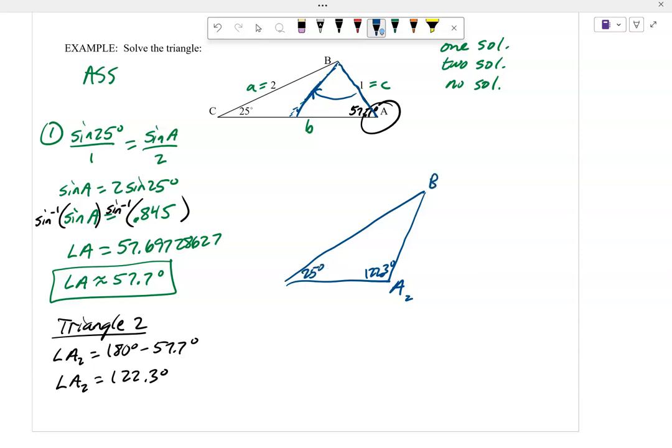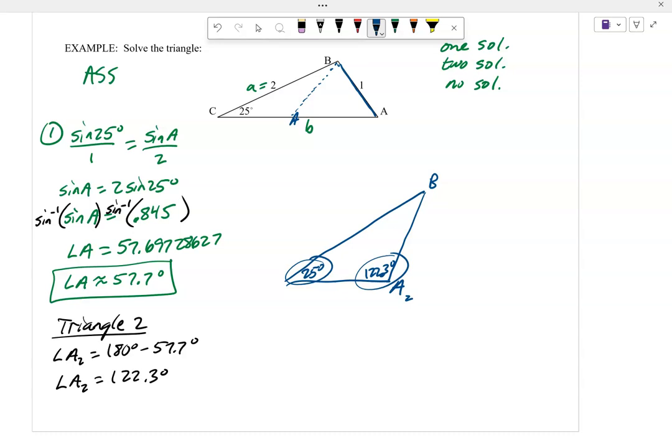How do I know that? Well, 25 plus 122.3 plus whatever angle B is, that's still less than 180. So the missing angle would be like 32.7, right? So it'll work. Again, what you're looking at is you're taking this arm and swinging it over right there, and so that becomes your angle A now.